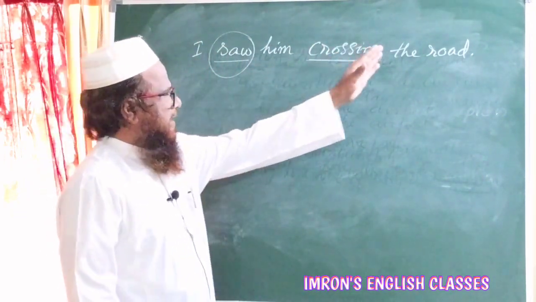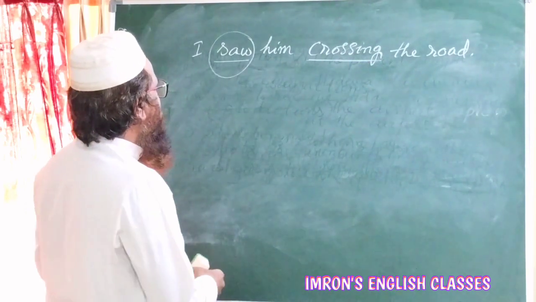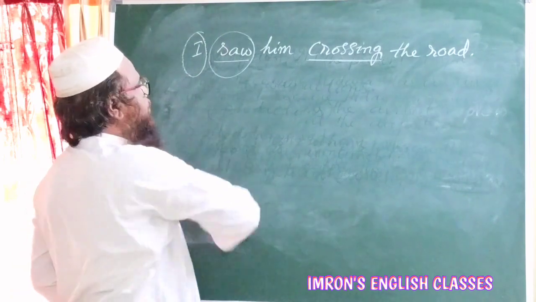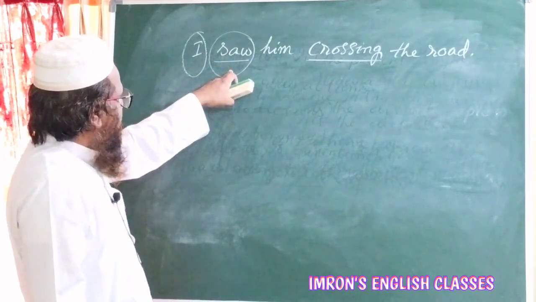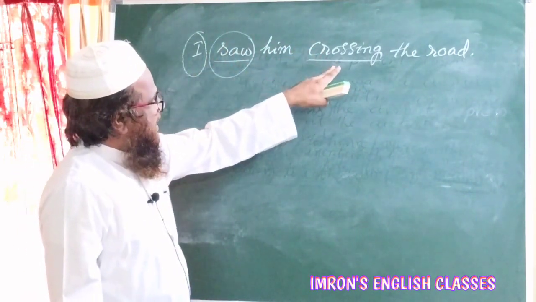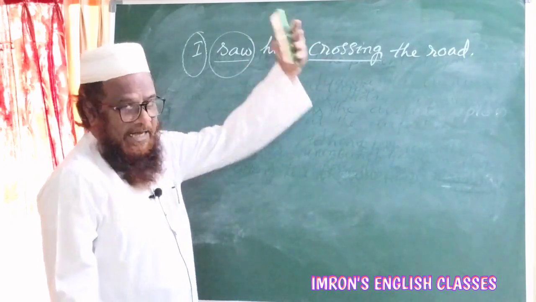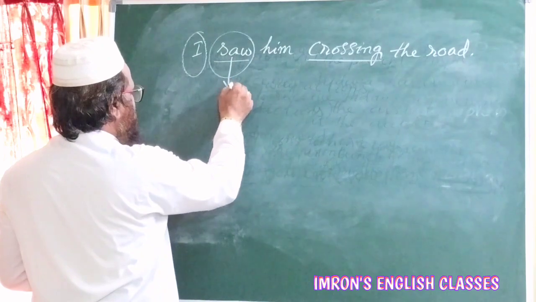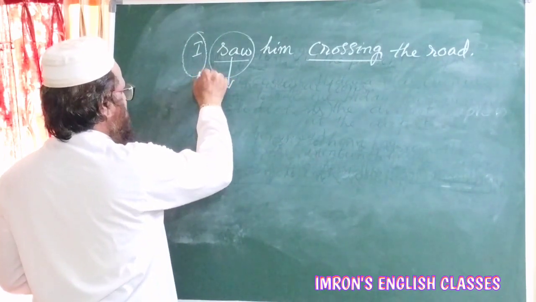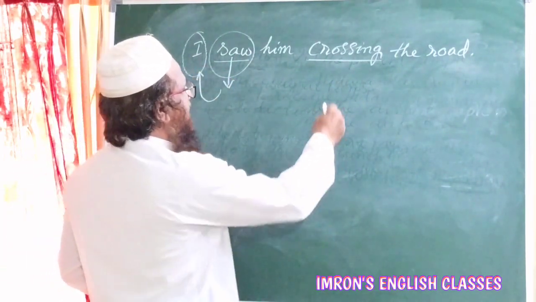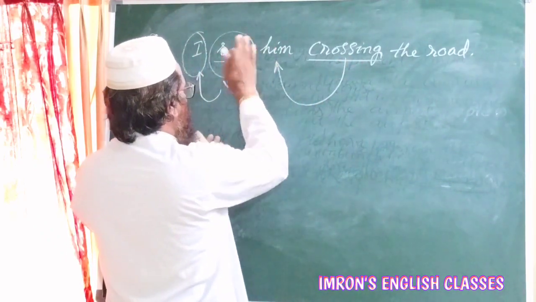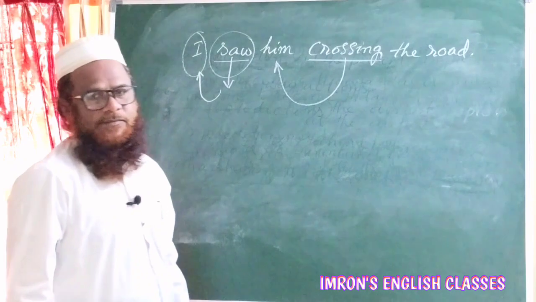I saw him crossing the road means here, see, the subject is doing one action and another action is done by another person. The action in this verb belongs to the subject I and the action in this present participle belongs to the object of the finite verb.